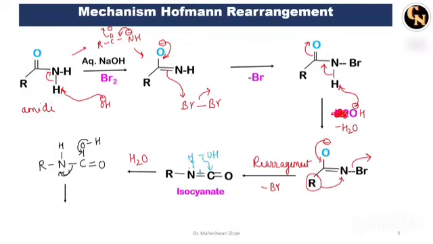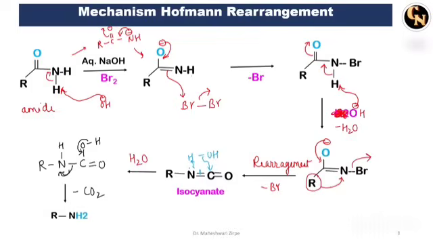So nitrogen will carry a minus charge and this proton will be grabbed by that minus charge, and ultimately there is release of CO2 gas and you are going to get a primary amine, that is RNH2. This is the last product which we are going to get.